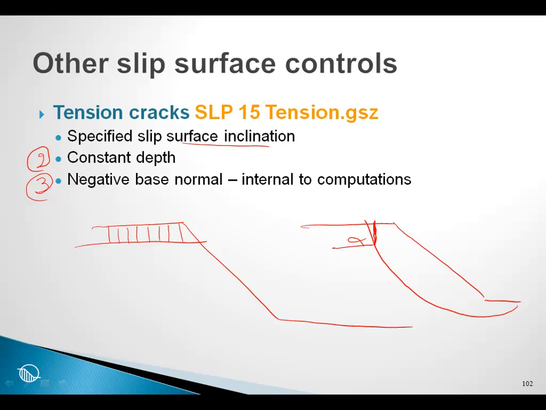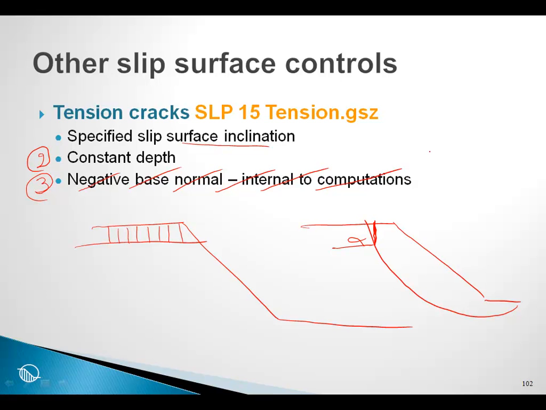The reasons for this we do not have time to explain here, but just accept the fact that we do not recommend that you use this option in SLOPE/W. In fact, in a future version, we may even remove this option. We suggest you use one of the other two methods to define a tension crack.